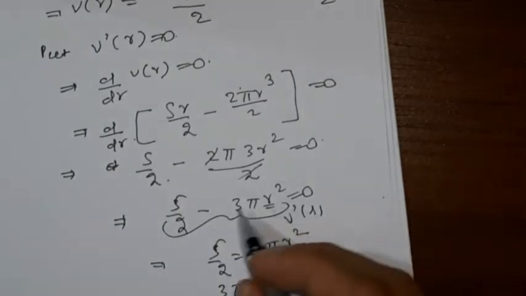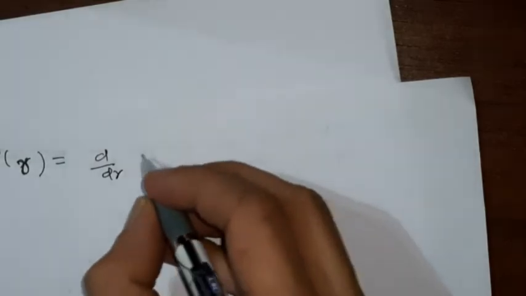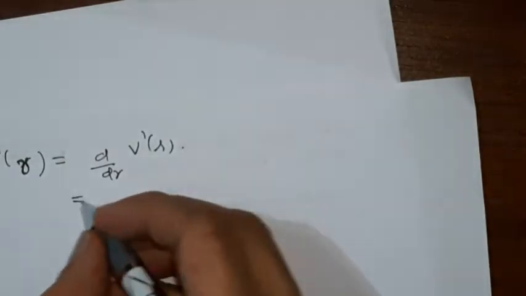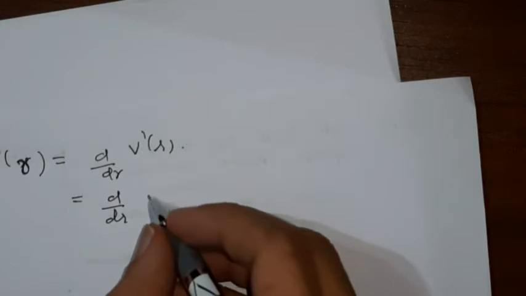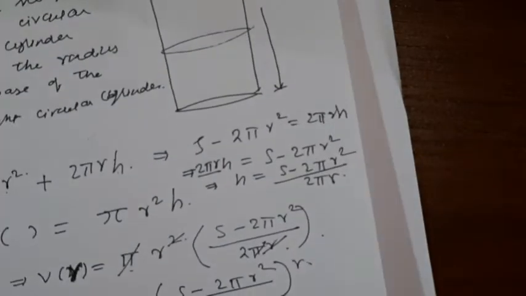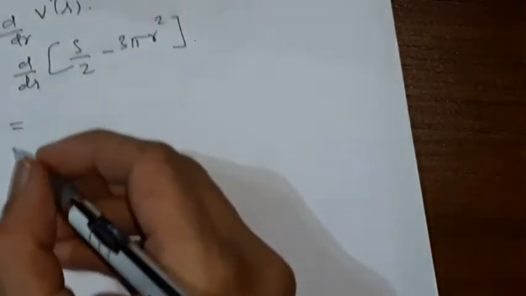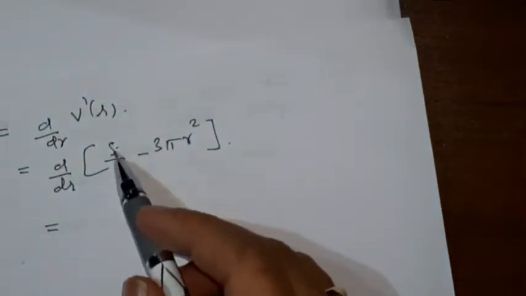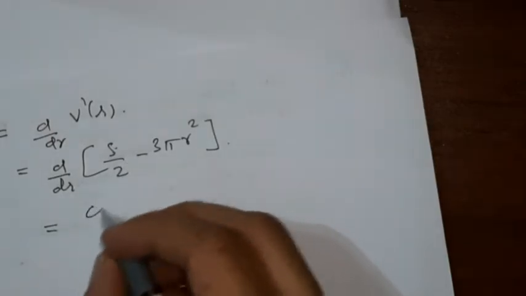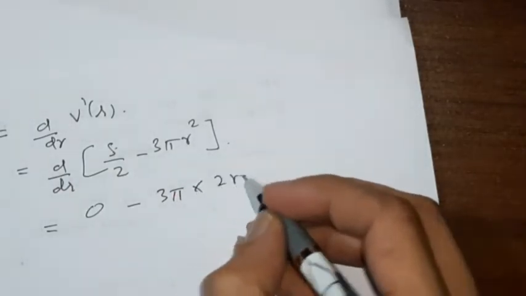The simplified form of V prime of r is s by 2 minus 3 pi r square, and s is a constant. So the derivative of s by 2 will be 0, and then minus 3 pi times the derivative of r square, which is 2r.